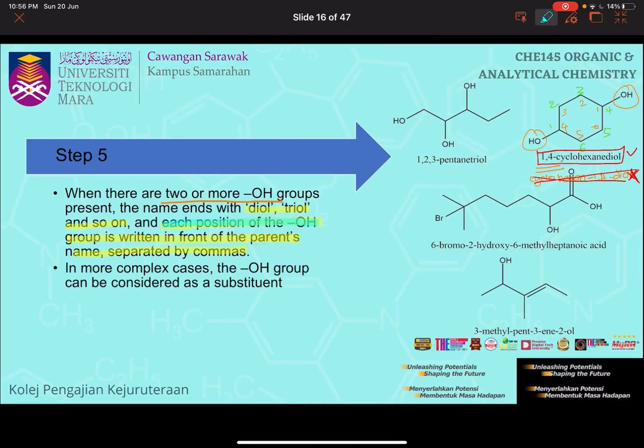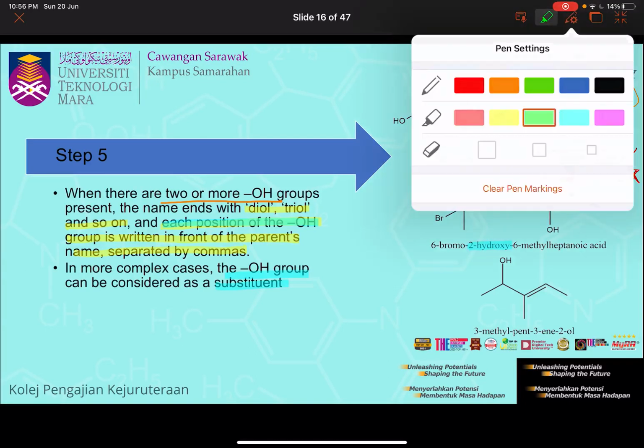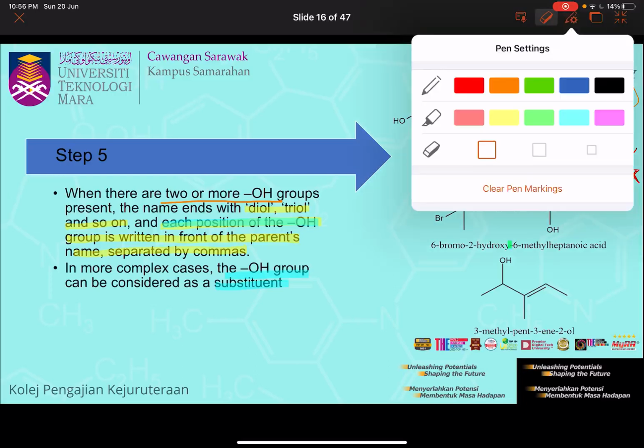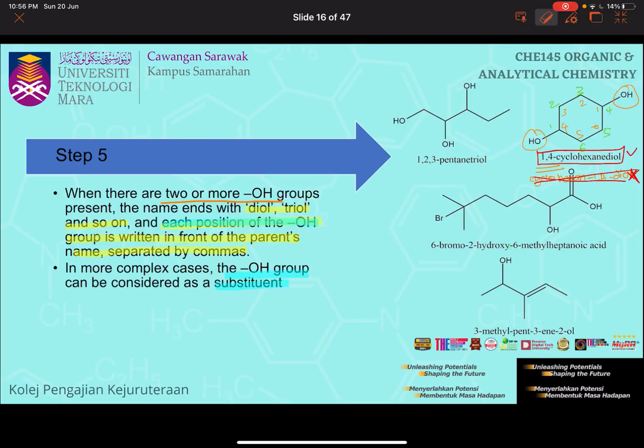Alright, so there are also more complex cases whereby the OH group can also be a substituent. If it's a substituent, it's called a hydroxy. It also can be known as a hydroxy.